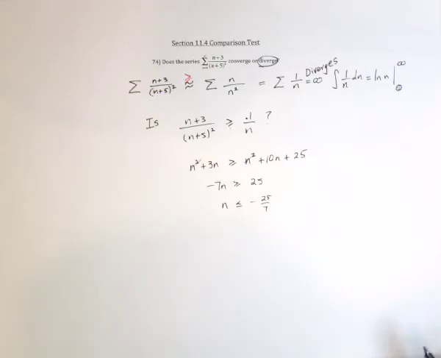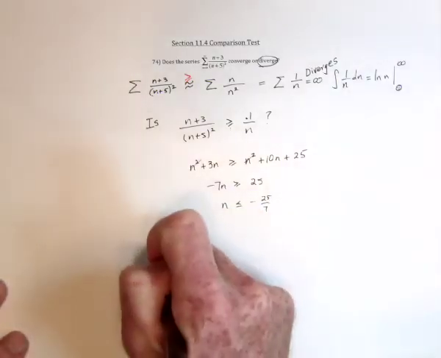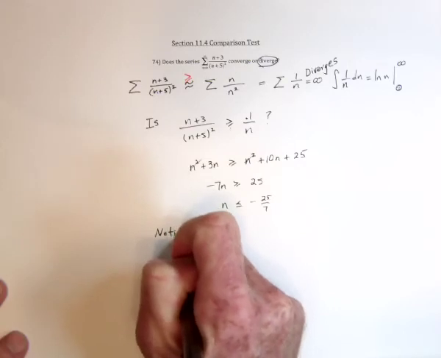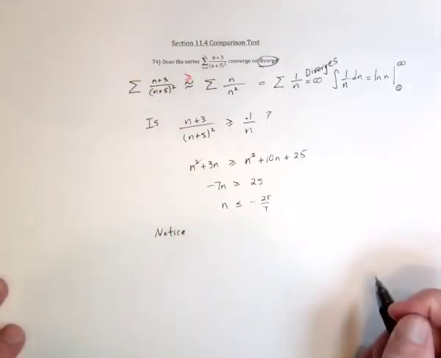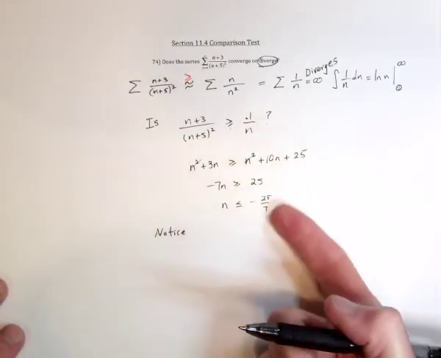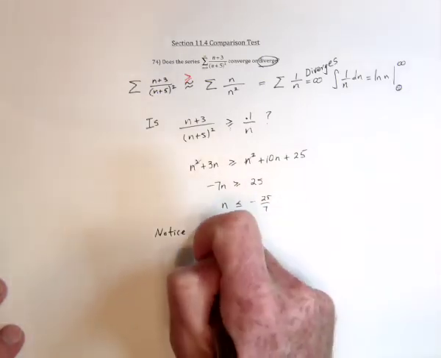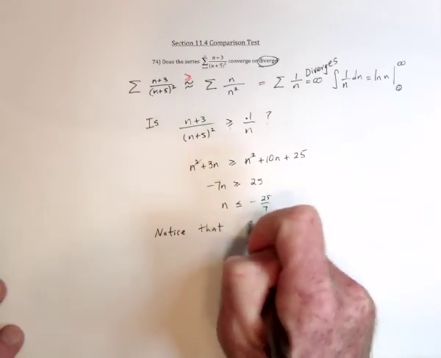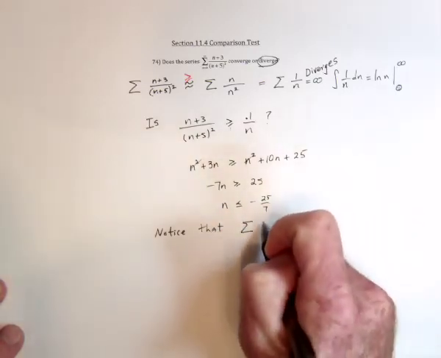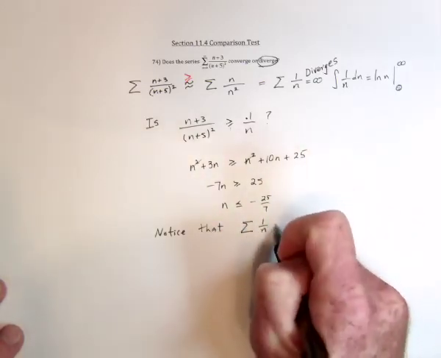So we then need to do some explaining. This idea with 1 over n didn't quite work out, but we can tweak it a little bit. Notice that the sum of 1 over n adds up to infinity.